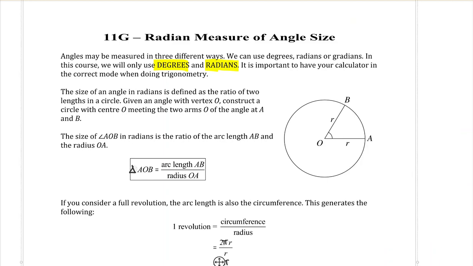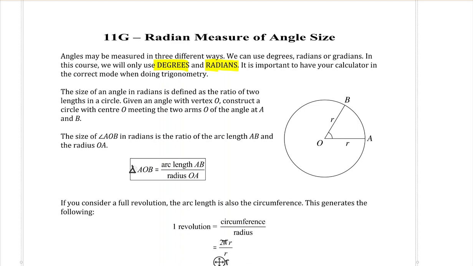The size of an angle in radians is defined as the ratio of two lengths in a circle. The angle with the vertex O, constructing a circle with the center O meeting two arms at the angle A and B. Now that's very, very wordy.